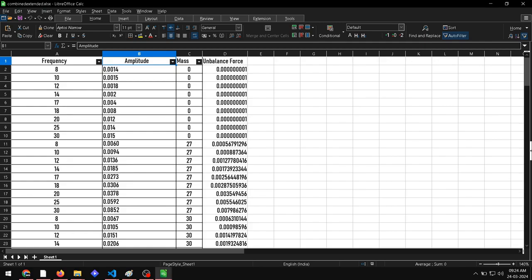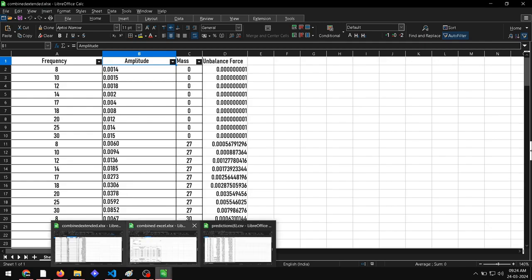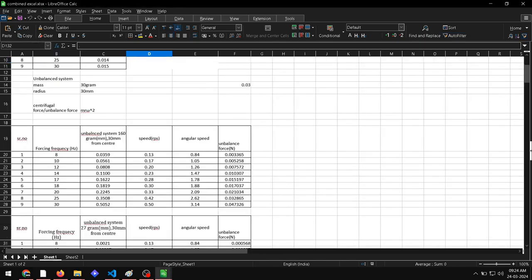Now the challenge we have is to create a data set from those two raw readings. So this is the procedure which we have followed. We have frequency, and then we have to find out the unbalanced force. When we add mass onto that disc, an unbalanced force is produced in that rod, in that disc.